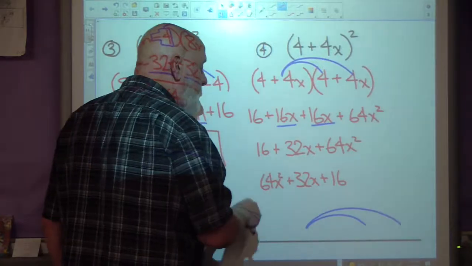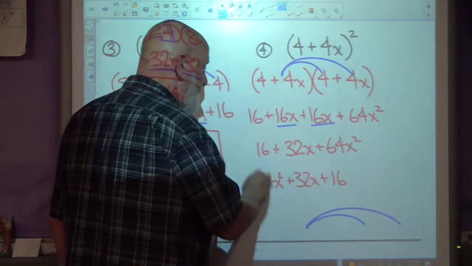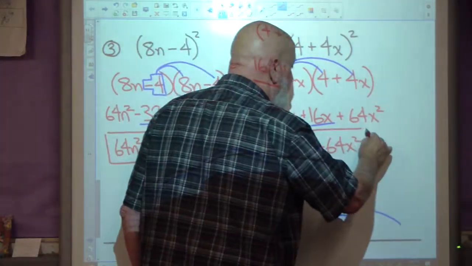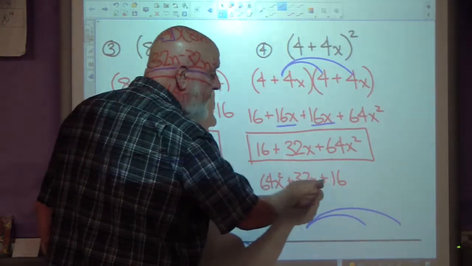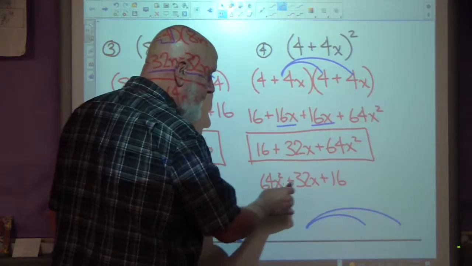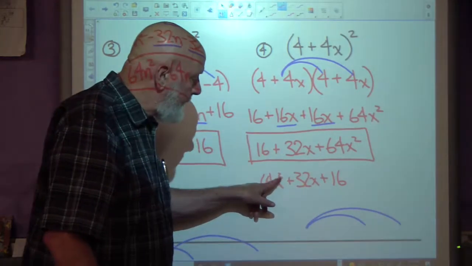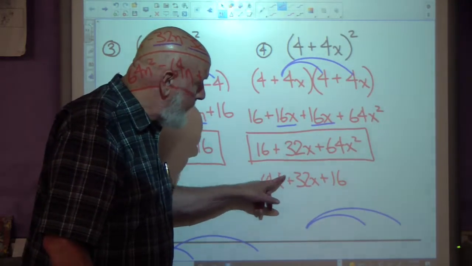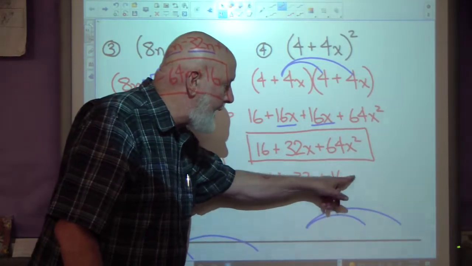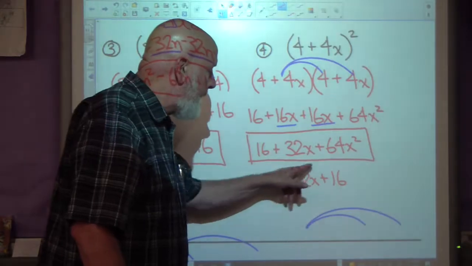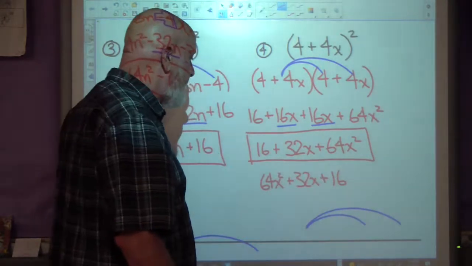In each case, these are all positive, so these would all have to be positive. This is the correct answer. It could be written like this. Usually you'll see it written like this, but not always. This is called standard form, where you have the highest power of the exponent first, and then the powers descend. That's x to the 0 power. And there's an invisible or an implied x to the 0 power right there. X to the second, x to the first, x to the 0.